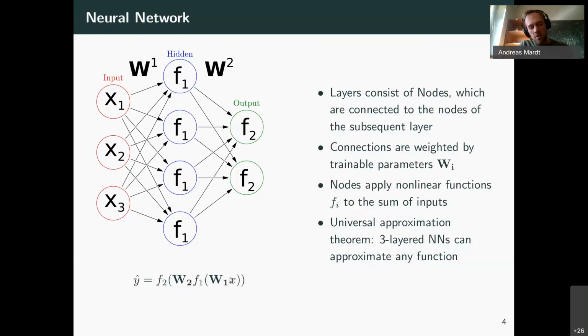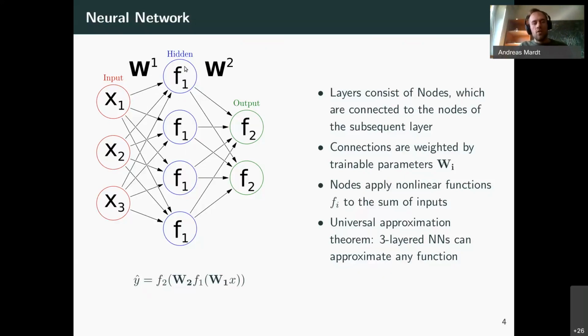We have our input vector x, which is multiplied by the matrix W1. All input nodes are connected to a hidden node, and this matrix weights all these inputs, which are then summed up into this one node. So it's a weighted sum of all the inputs by the weight vector of W1. You do this for all hidden nodes, and by this you get the representation in the hidden layer.